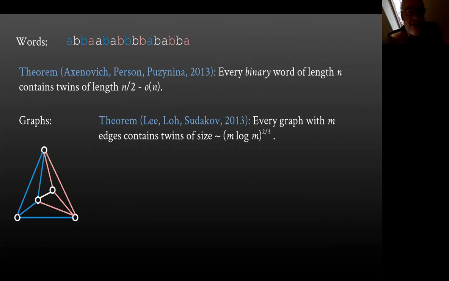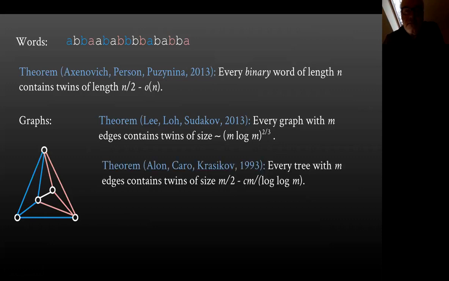In a graph, you can define twins in diverse ways, but the most natural is a pair of edge-disjoint subgraphs that are isomorphic. With such a notion, an exact asymptotics of the size of such twins was discovered.